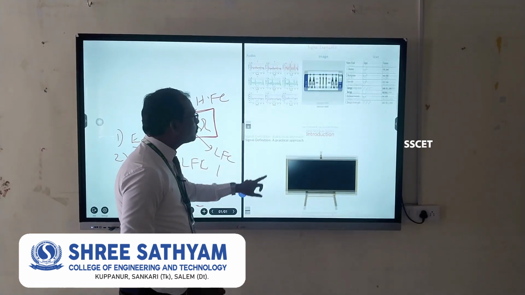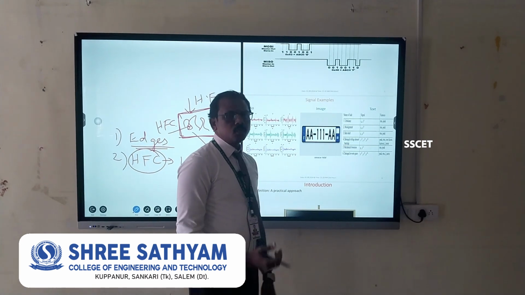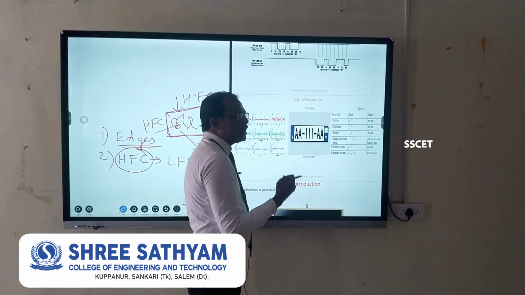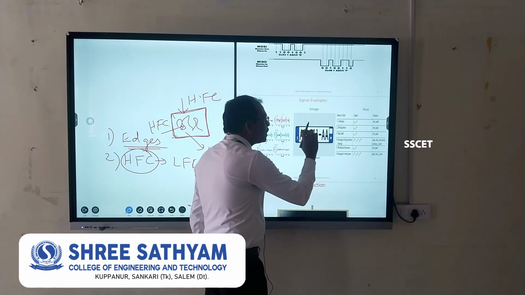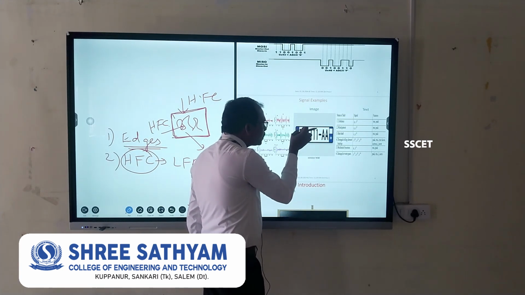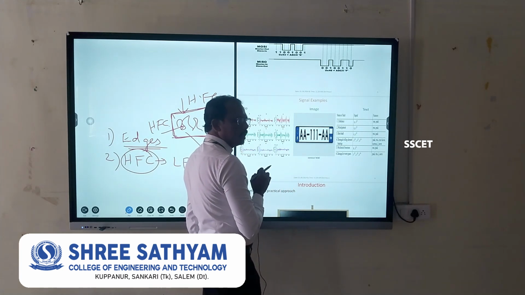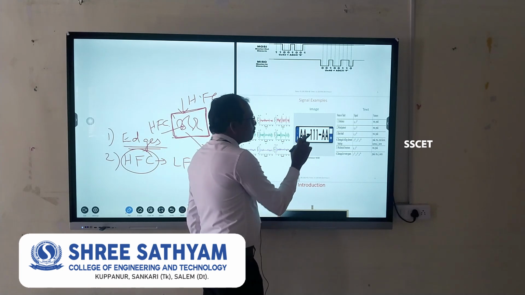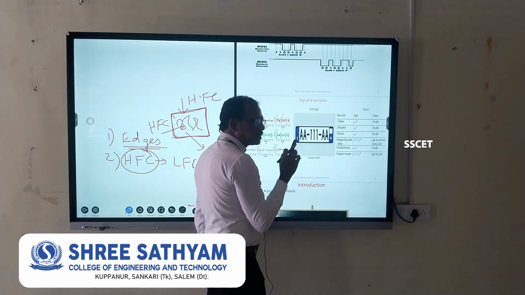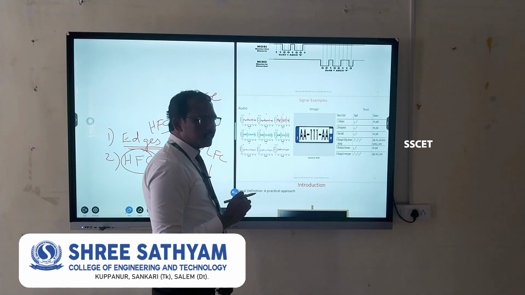For example, see, this is my number plate. From this number plate we identified that on the white area only we have written the black letters, and we have some blue color shaded part. So from this number plate we identified that the white area is referred to as the low frequency component.